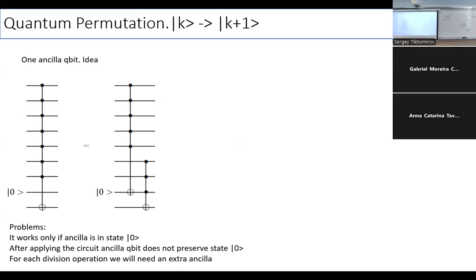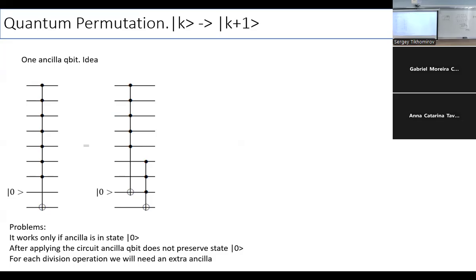Because the first number of qubits doesn't change. And this one would be executed only if all of these are one, and this guy is one only if all those are one. So this scheme is equivalent. I mean, what does equivalent mean?